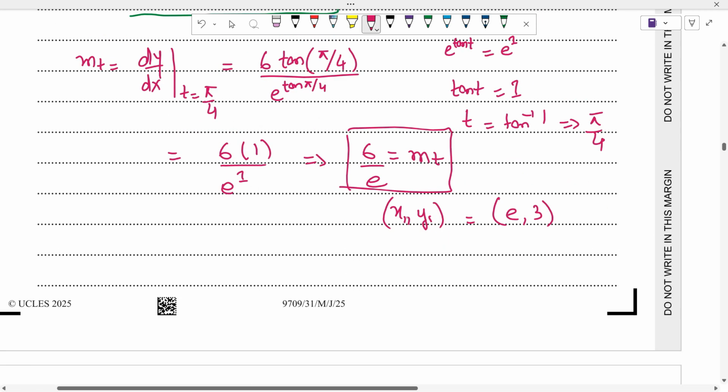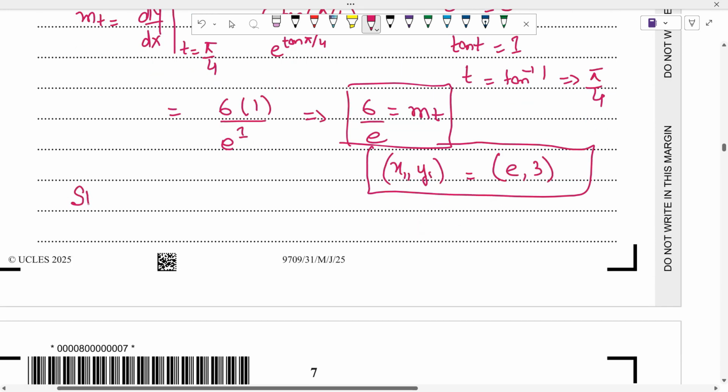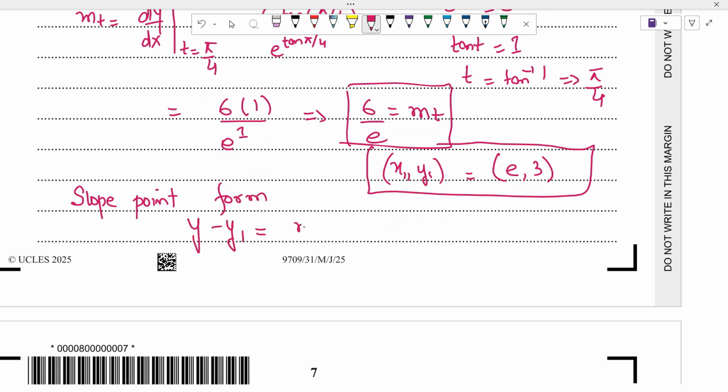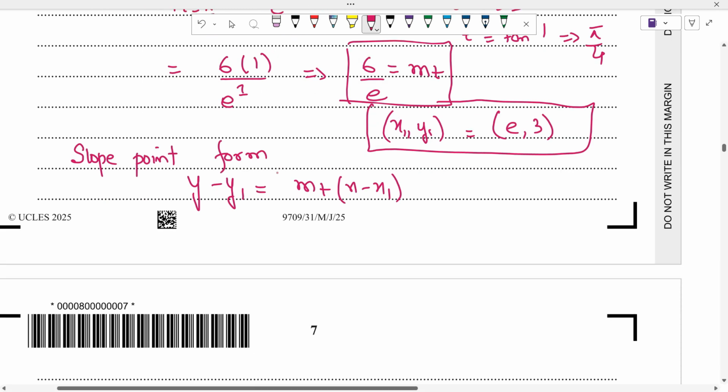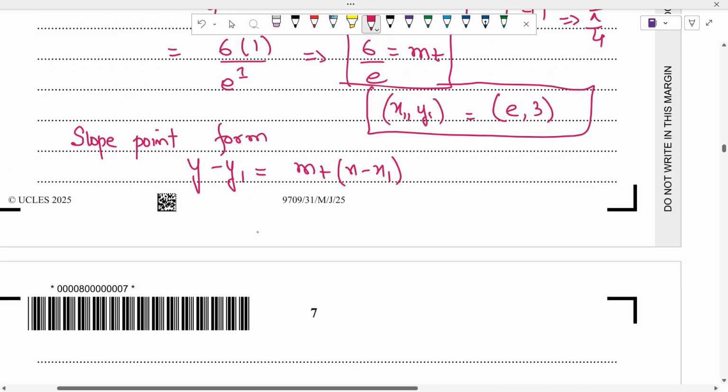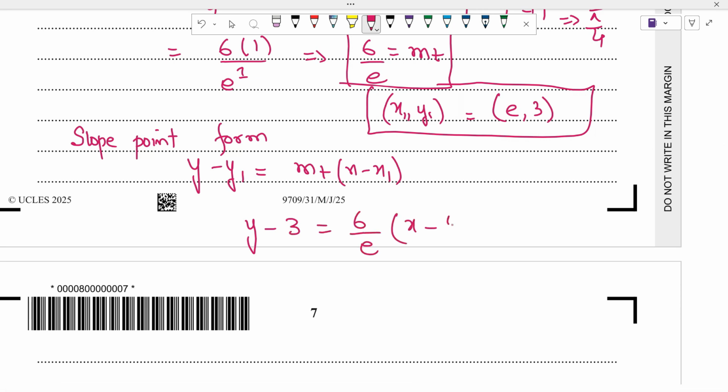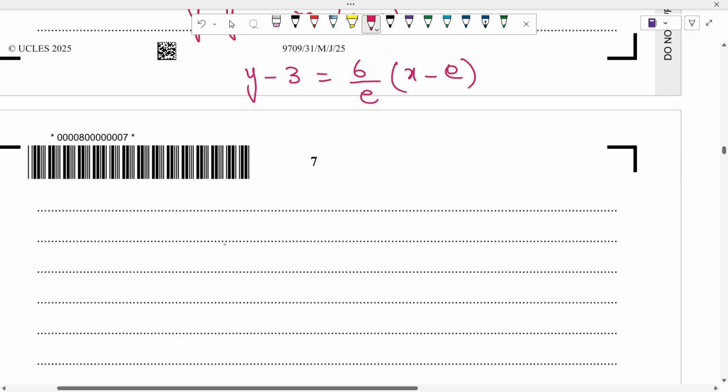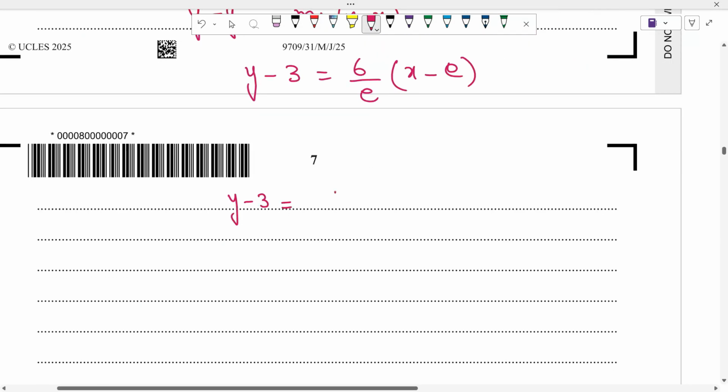We will apply the slope-point form to find the equation of the tangent. Slope-point form: y minus y1 equals mt times x minus x1. Plugging in these values, we have y minus 3 equals 6 over e times x minus e.